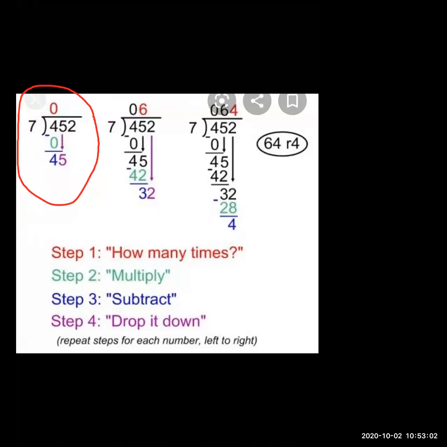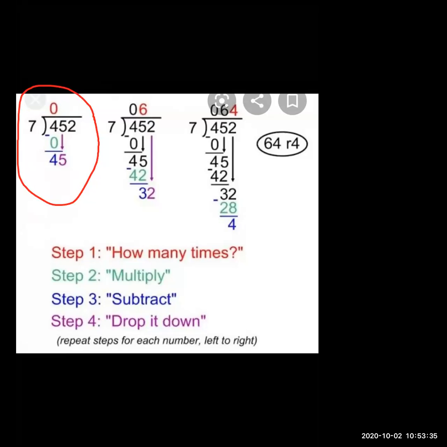Now, what is the sum? 452. Yes, teacher, I'm done.